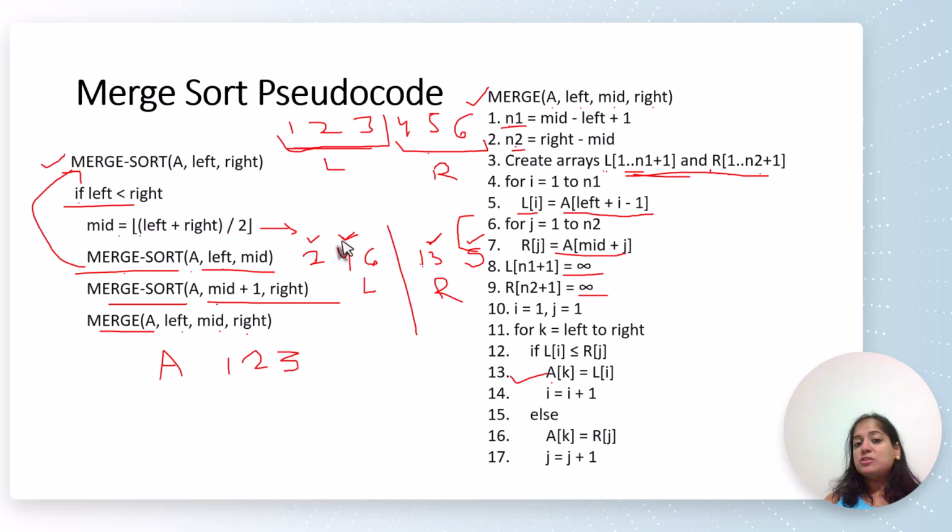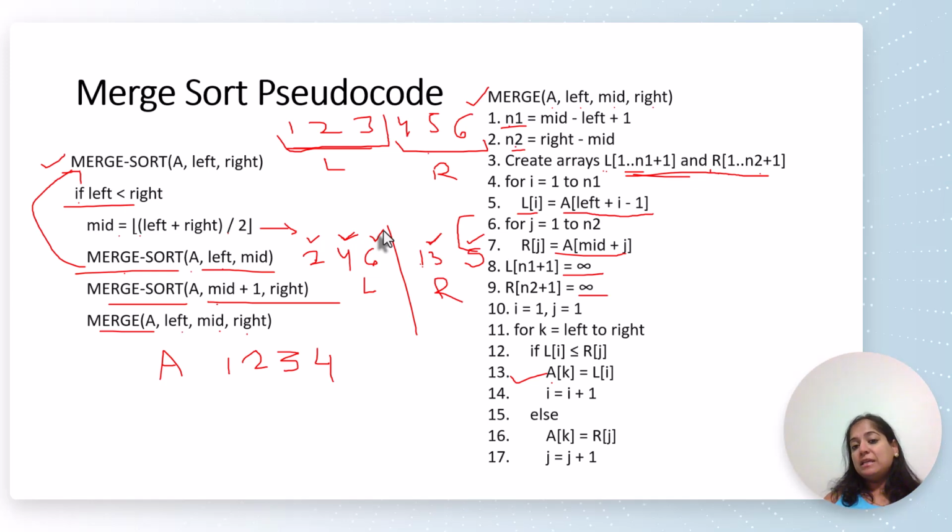Now the pointer is on 4 and 5, so 4 and 5 will be compared. 4 is smaller, so 4 will be copied. Since 4 was copied from array L, the pointer of array L will be incremented and reach the element 6.